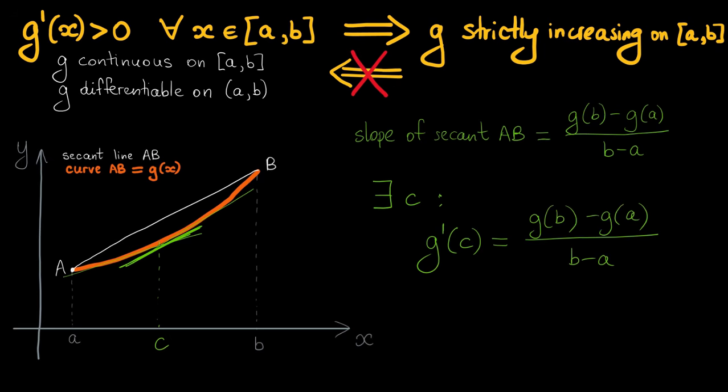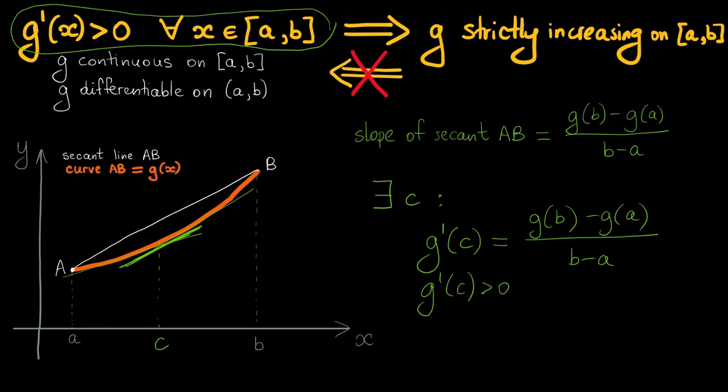This statement is a direct application of the mean value theorem. But now notice that we know that the derivative of g is strictly greater than 0 for every point in the interval. Therefore, the derivative evaluated at c must also be greater than 0. In other words, g prime of c must be greater than 0. That implies that this ratio will be strictly greater than 0.